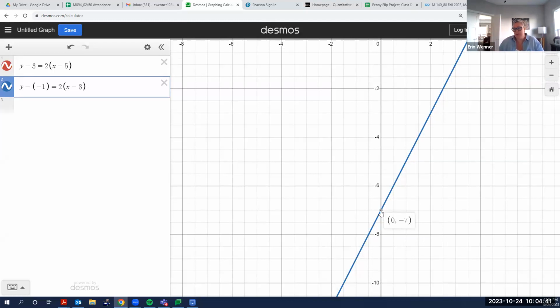But I just wanted to show you that you can come up with some of this information just by graphing the equation. Okay. So what I want you to do in number 2 is find your slope, and then write the point slope equation.